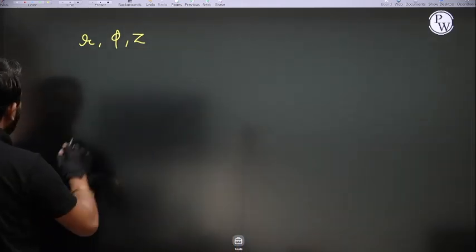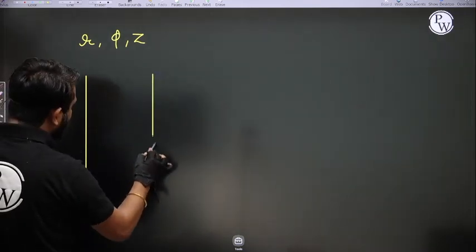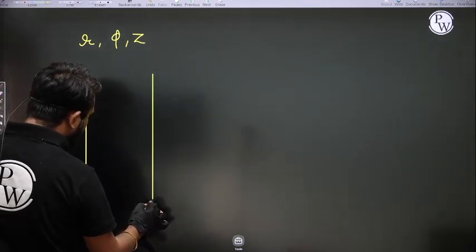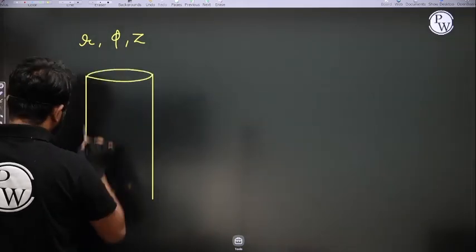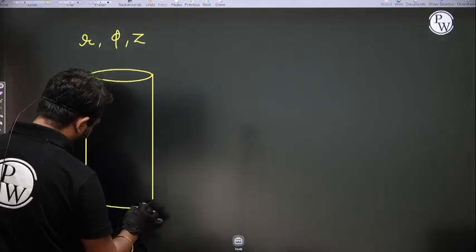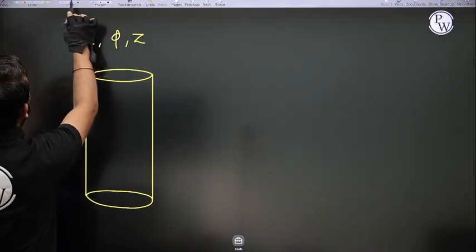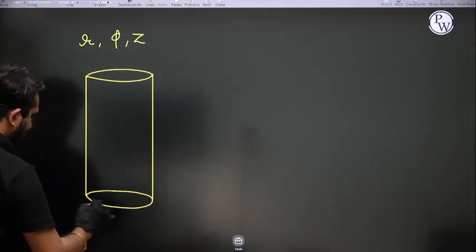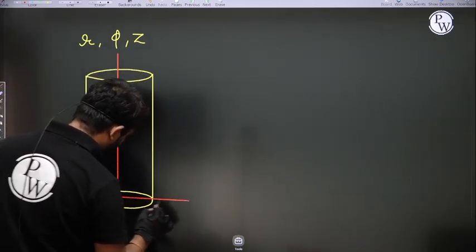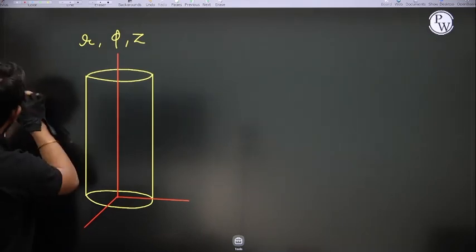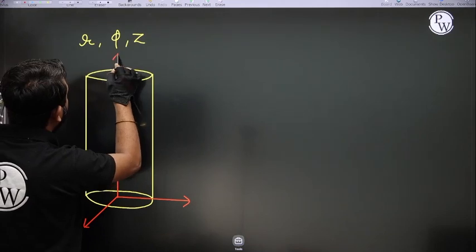So first I draw here a cylinder. So let us assume this is a cylinder. Okay, so this is the cylinder.